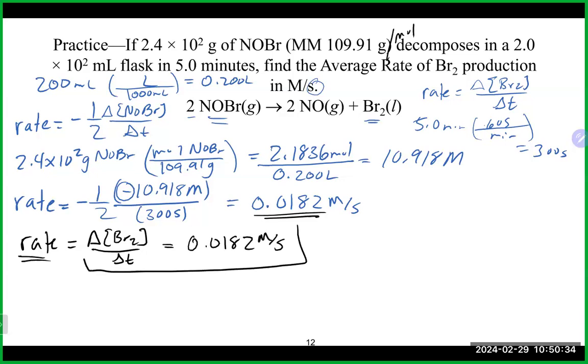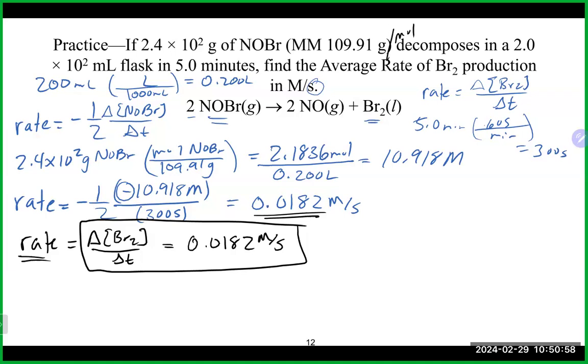Not much to calculate there, right? And that is also a positive number, which also makes sense as the Br2 should be increasing with time. And it is basically changing at the same rate as the average rate of this reaction, because the coefficient's 1, basically, in this case. Question on that one there.